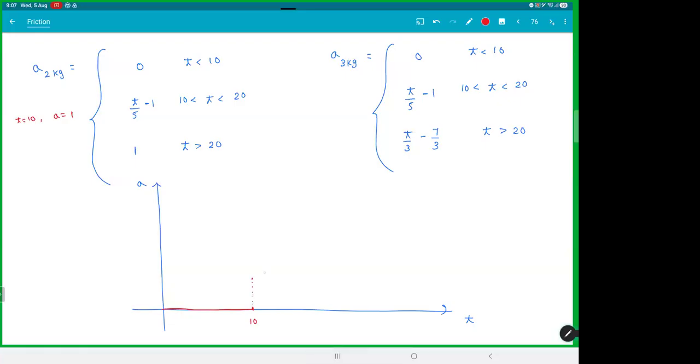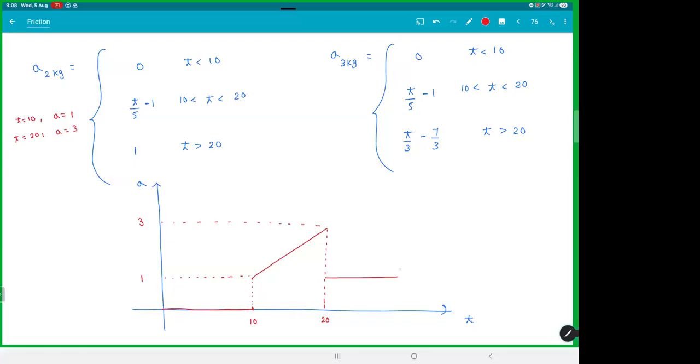It's a discontinuity there, and then it goes like a straight line till 20 seconds. If I put t is equal to 20, a will be 3. And then the value suddenly drops to 1 again. This is how the graph looks.